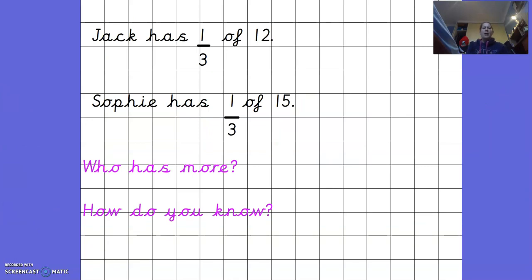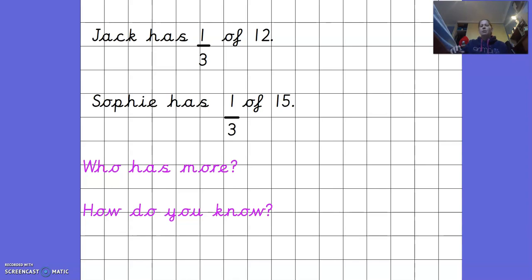Right. Jack has 1/3 of 12. Sophie has 1/3 of 15. Who has more? How do you know? So I'd like you to have a go at working this out. To start with, you would find 1/3 of 12. Then you would draw your 3 squares again and find 1/3 of 15 and decide who has more.